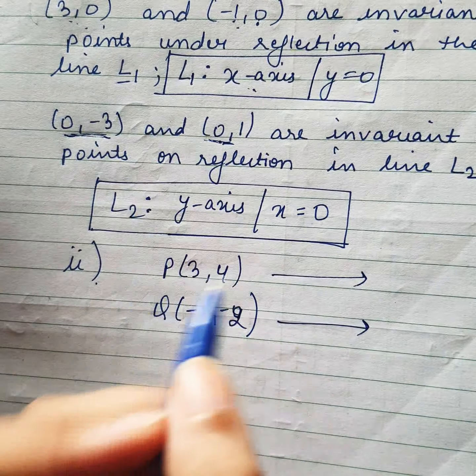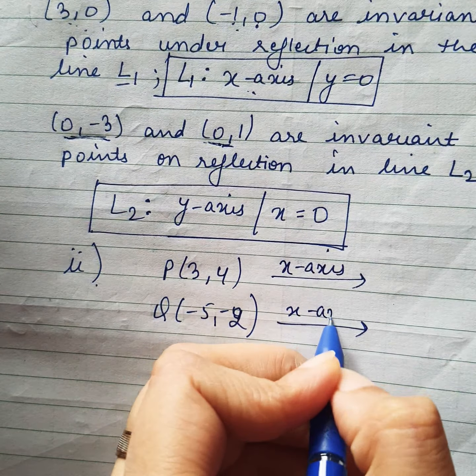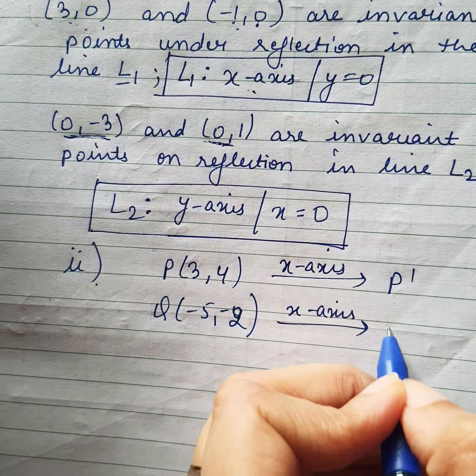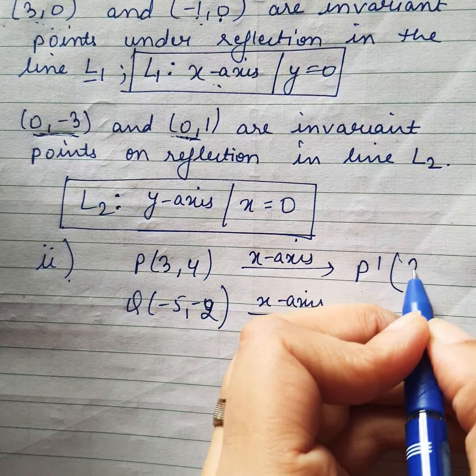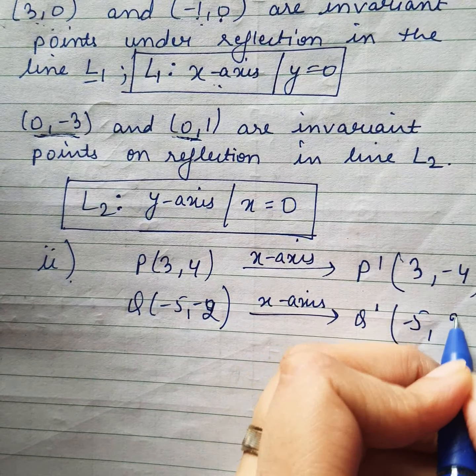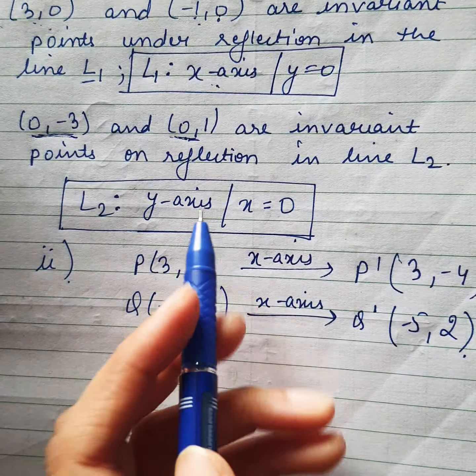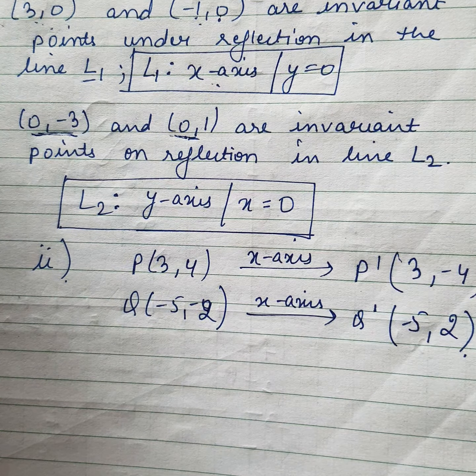L1 is the reflection along the x-axis, so the images will be along the x-axis, the y coordinate changes: (-5, 2). In the same way along L2 we can also do the transformation, but the question is not asking this.